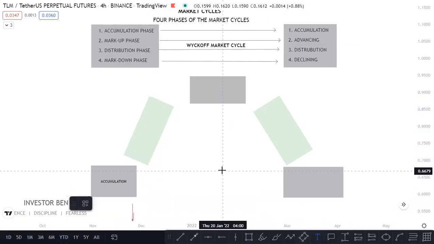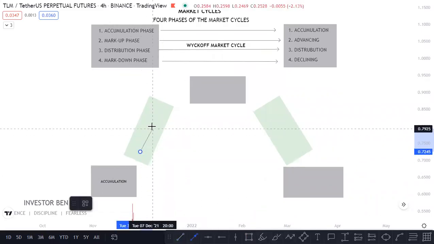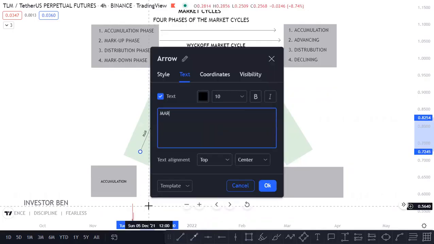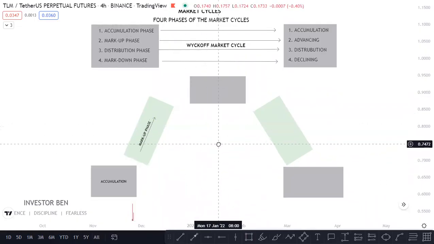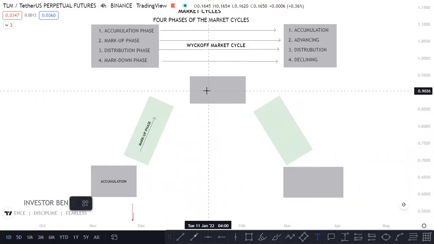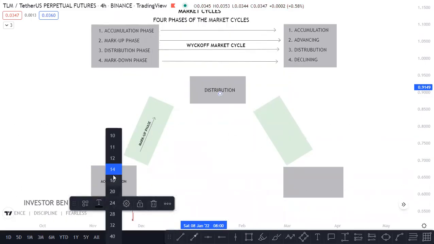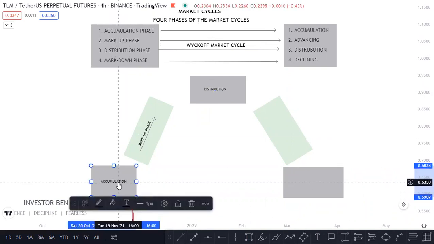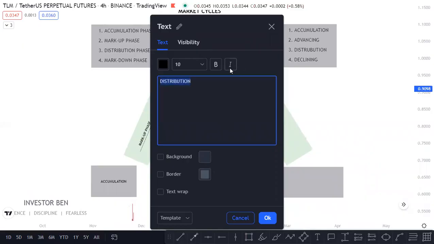Oh, this one doesn't have text, so let's write here. This phase you're seeing here is the markup phase. This one you're seeing here is the distribution phase, the distribution and boarding.